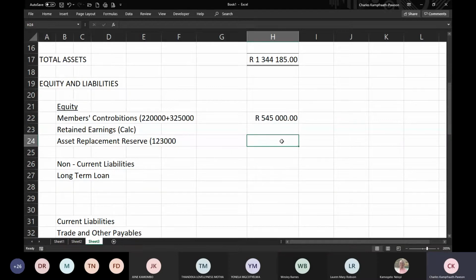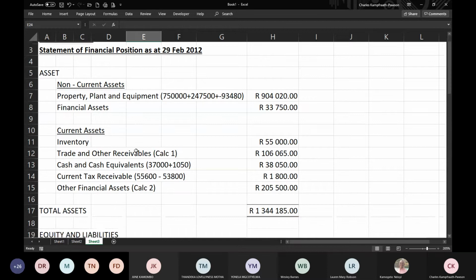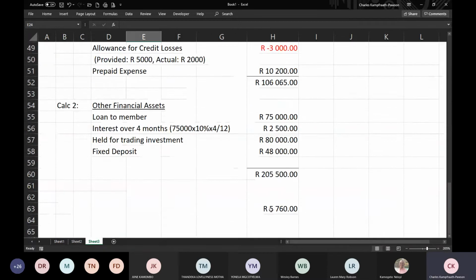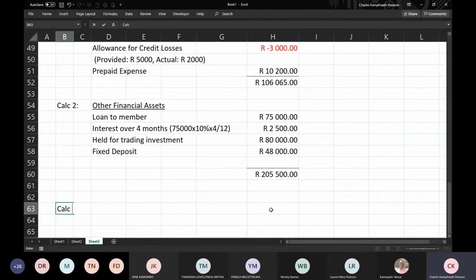And retained earnings is going to be a calculation on its own. So we can say calc. I don't think we've used calculation 3 yet. Calculation 3.